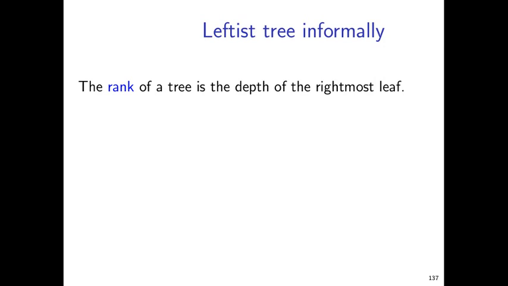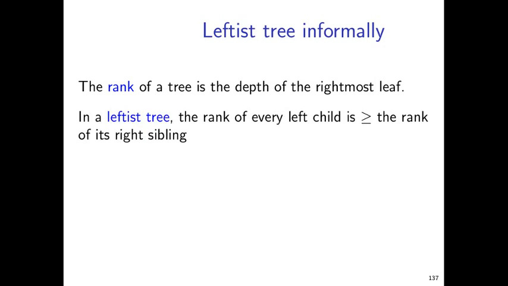The rank of this is 2. The rank of this subtree is 1. So you always go from the root to the rightmost leaf, and that's the rank. That's just a definition.